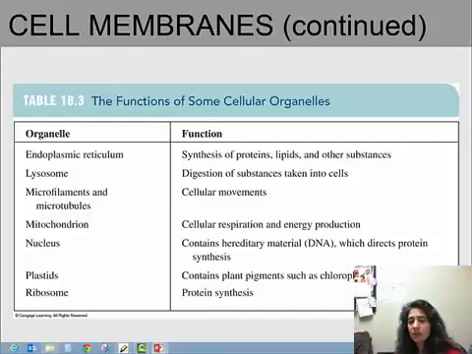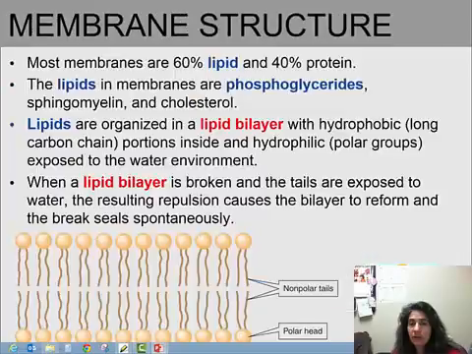So you can see here some cellular organelles. If we're just looking in one of our cells, we talk about the endoplasmic reticulum, the nucleus, the mitochondria, the ribosomes. So all of these need some kind of membrane surrounding them.